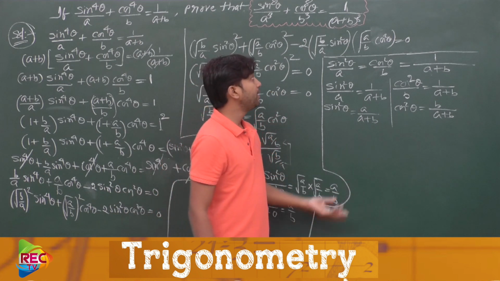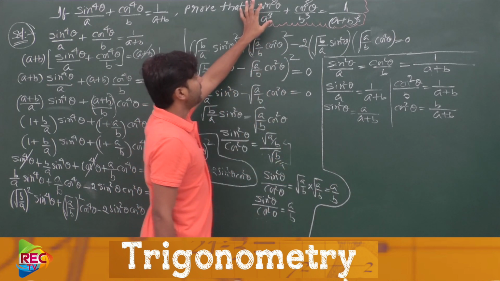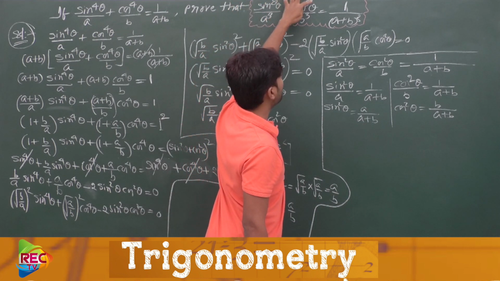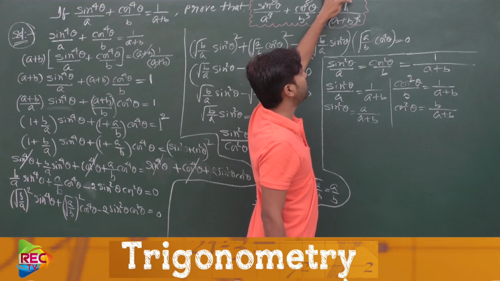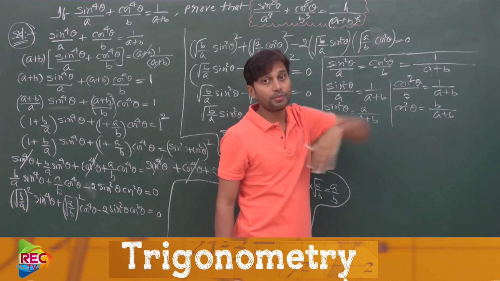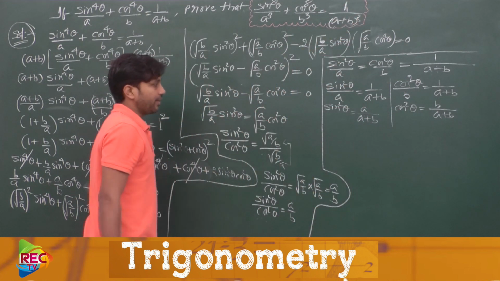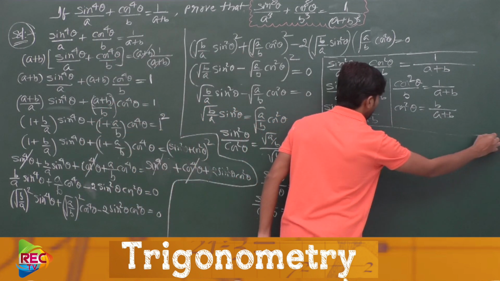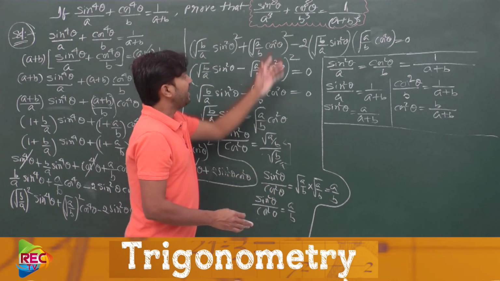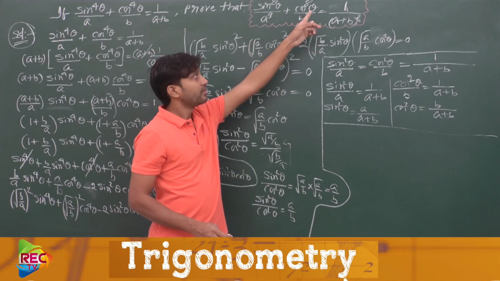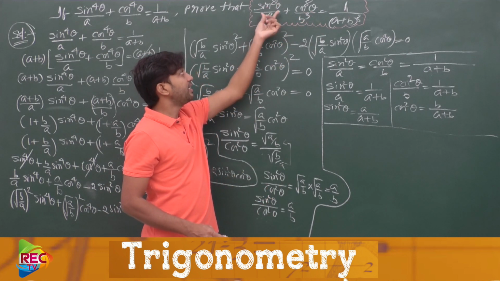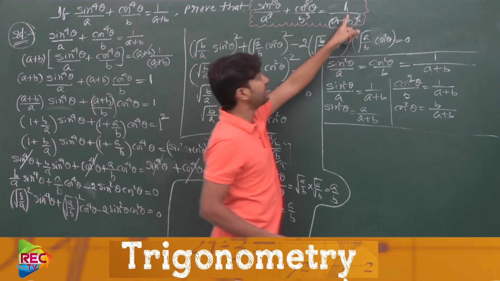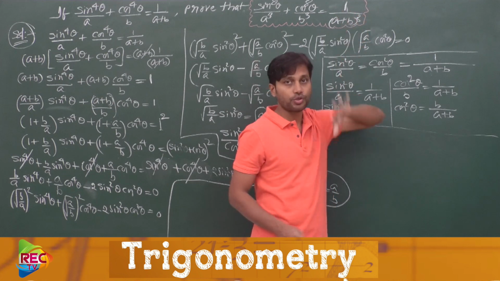Now what we need to find out, just see here. We need to show that sin power 8 theta by a cube plus cos power 8 theta by b cube equals 1 by a plus b whole cube. Anyways, we need to do this problem further. Take this LHS part: sin power 8 theta by a cube plus cos power 8 theta by b cube is the LHS, and the RHS would be 1 by a plus b whole cube.